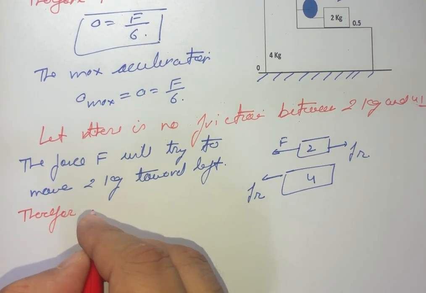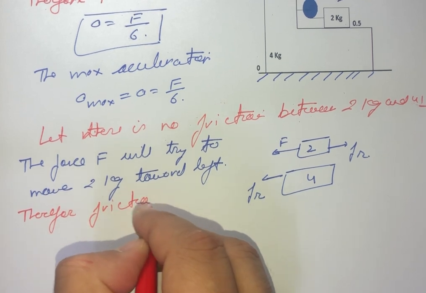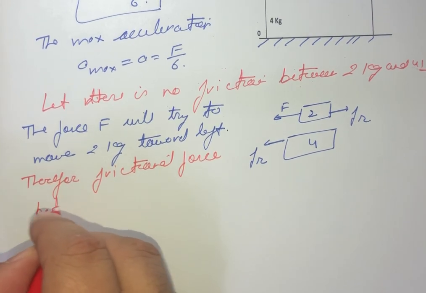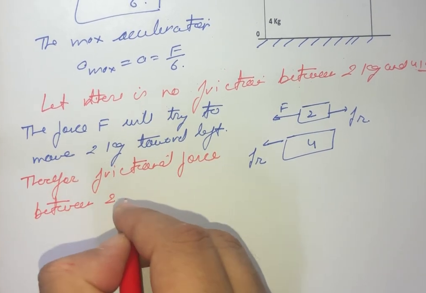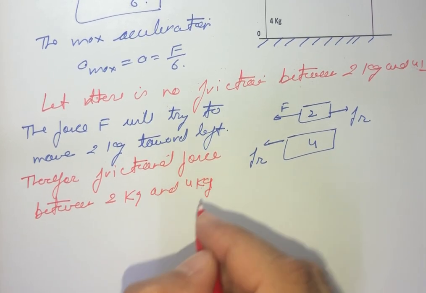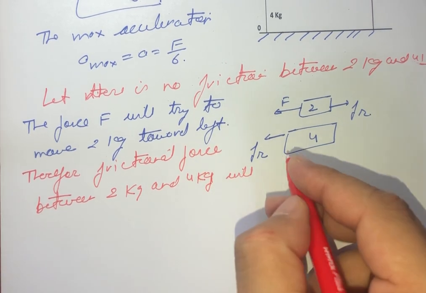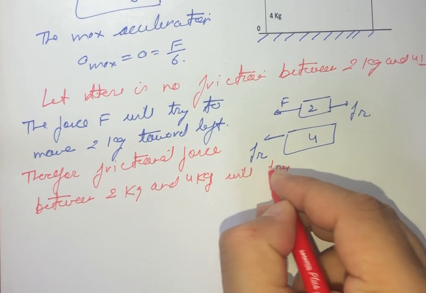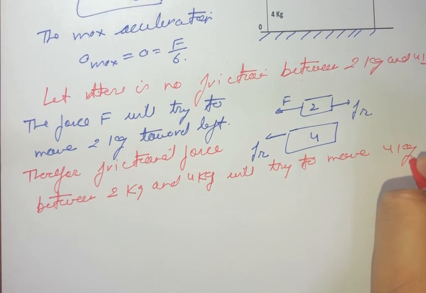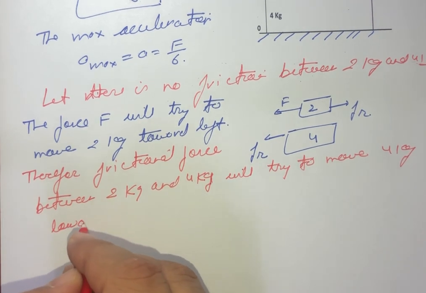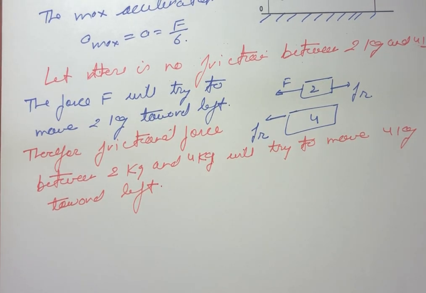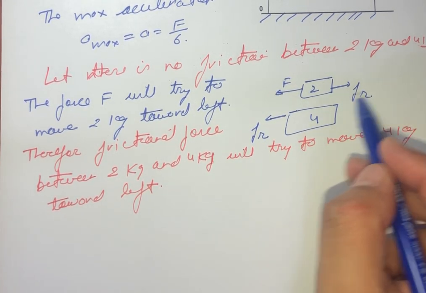Therefore, the frictional force between 2 kg and 4 kg will try to move 4 kg towards left, and accordingly there will be a force acting in the opposite direction on 2 kg.